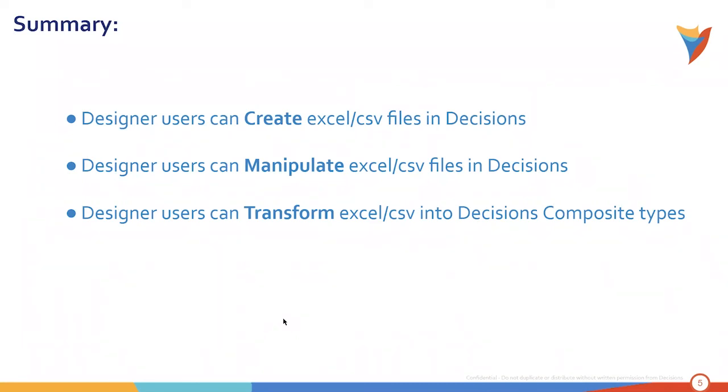From those rows, we were able to take that information and process it to do the rest of our flow. In today's example, we did accounts. So we took the information from an Excel row and then made an account inside Decisions. Lastly, we transformed some information. So we actually took a CSV file this time, and we mapped it into our CSV object mapping that then processed through a for each step and allowed us to go ahead and create accounts there as well too.